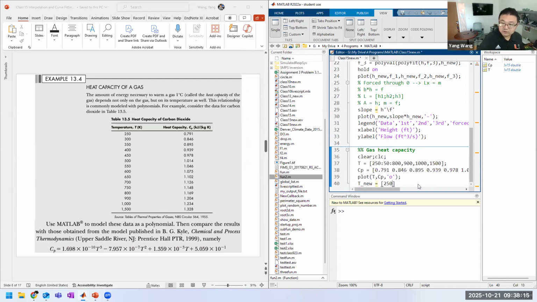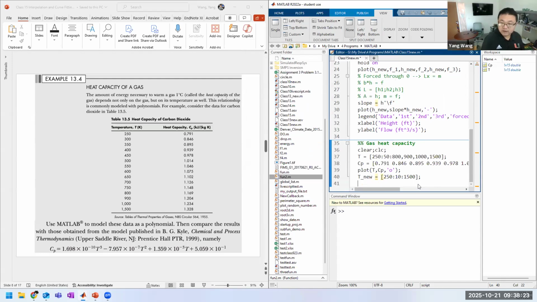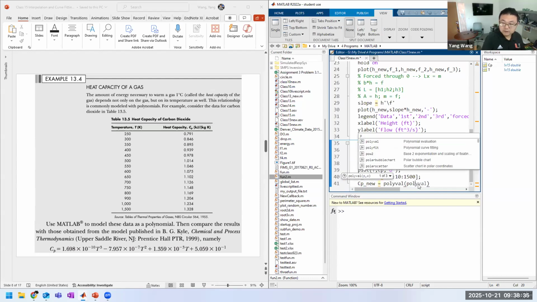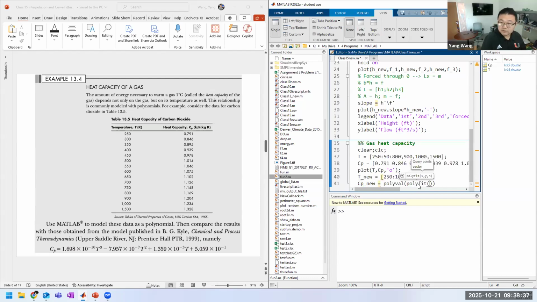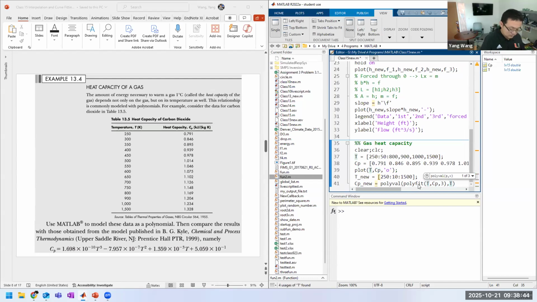So it can be 250 to 1500, then separate by, let's say 10, okay? So it's much finer. So then CP new is going to be polyval, and then polyfit of T and CP, and we're talking about third order, and then putting in the T new.